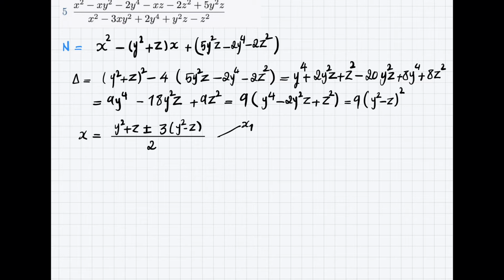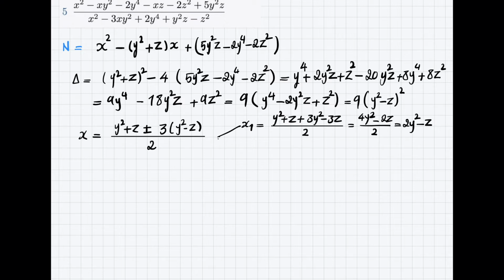One I call this x1. I consider the positive sign: y squared plus z plus 3y squared minus 3z, and then I divide this by 2, then it becomes 4y squared minus 2z divided by 2. So I factor a 2 out and I cancel the 2's, so what is left is just this expression.